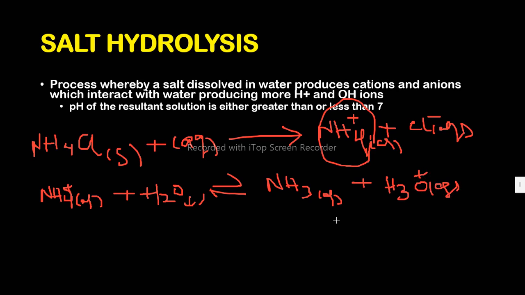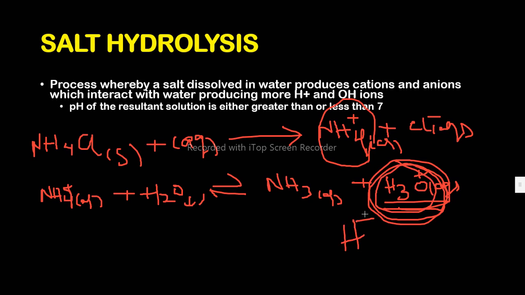Why good? Because it shows that in this case water is a base, reacting as a proton acceptor. Because of these hydroxonium ions formed, which are the same as hydrogen ions, the pH of the resultant solution is going to be less than 7.